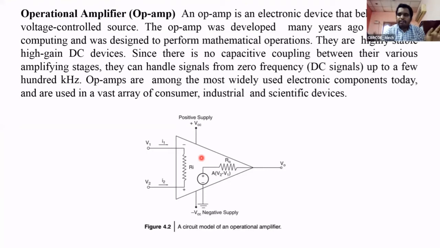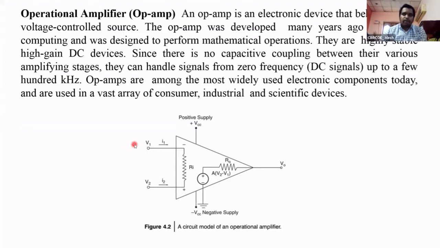To perform all these operations, this analog type of operational amplifier is used. That's why it is called operational amplifier, because it performs mathematical operations like addition and subtraction and differentiation and integration.